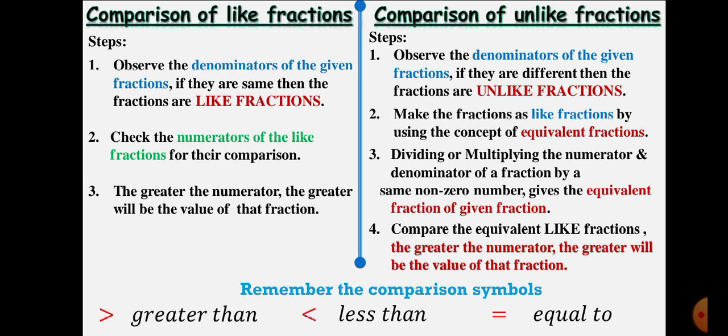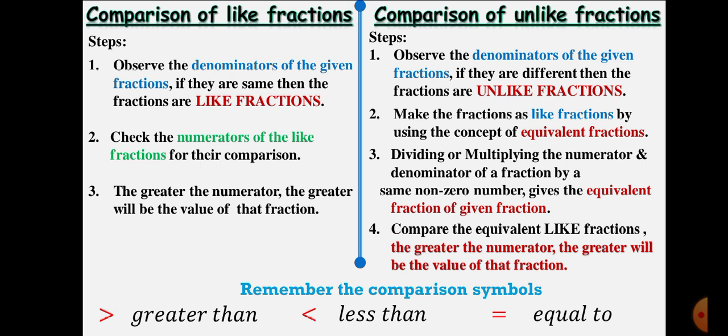The greater the numerator, the greater the value. Because in like fractions the denominator is the same, we have to go through the numerator. Among all the fractions, the fraction that has the greater numerator is going to be the greater value.